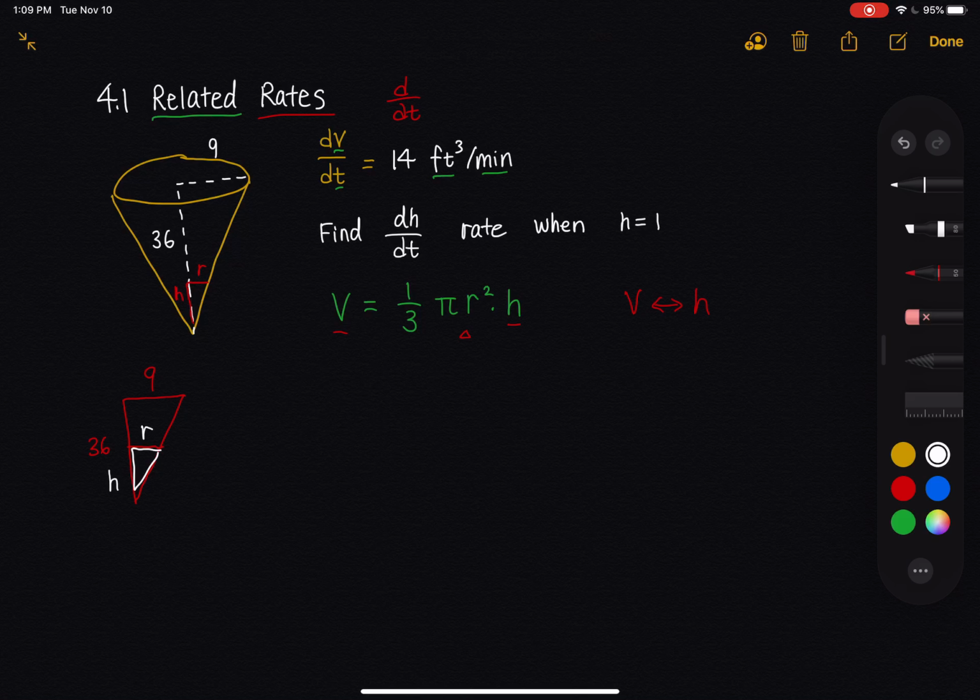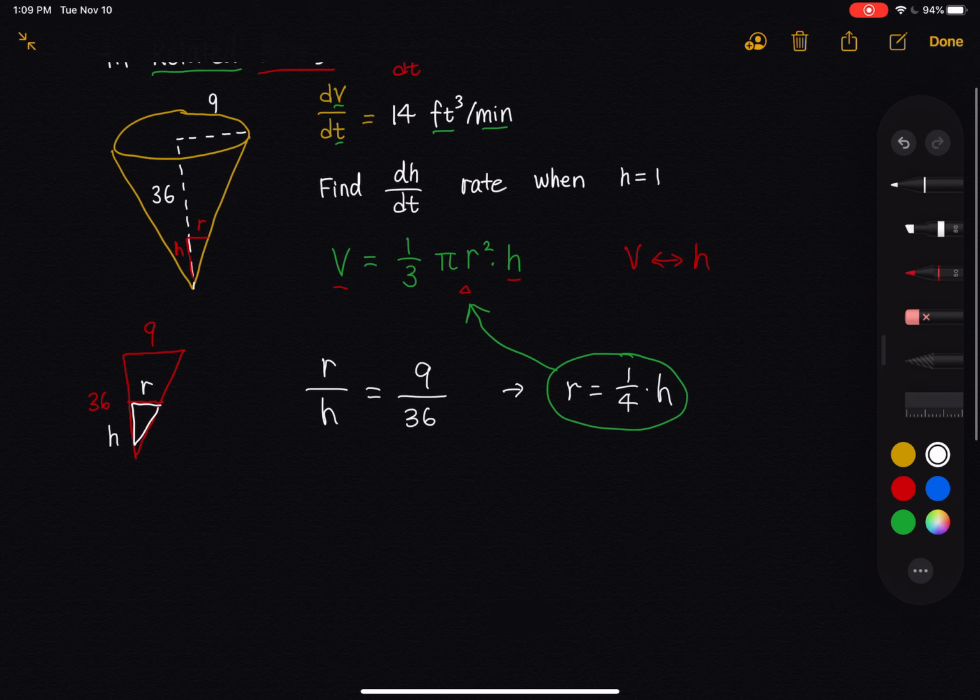We use a ratio. r compared to h is the same as 9 compared to 36. So then we just solve for r in terms of h. If you multiply both sides by h, r equals 9 over 36, which is 1/4 of h. Now we can replace r by this expression and have a relationship only between v and h.